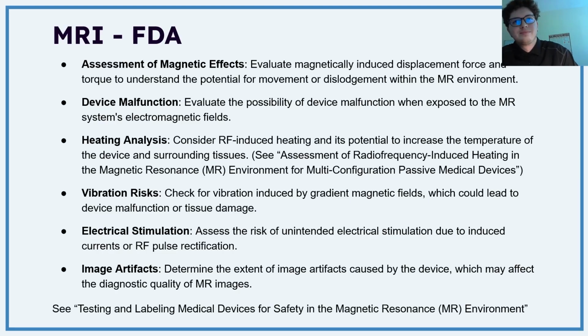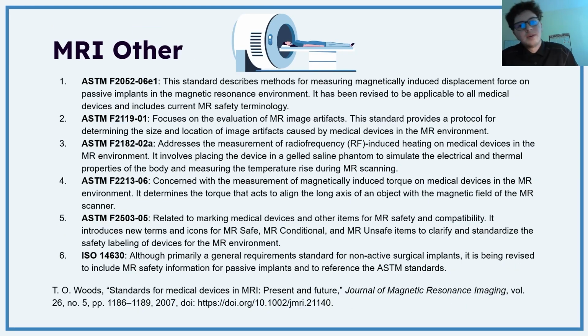Outside of the FDA, I found a really nice review paper that's got a lot of ASTM and ISO standards. I'm just going to pick a few of them, and that's going to be from Woods, Standards for Medical Devices in MRI: Present and Future, from 2007. So notably, ASTM F2052-06e1 is for the magnetically induced displacement force.